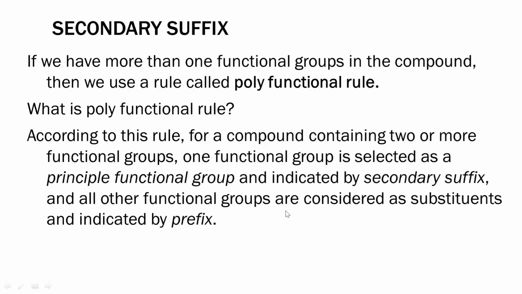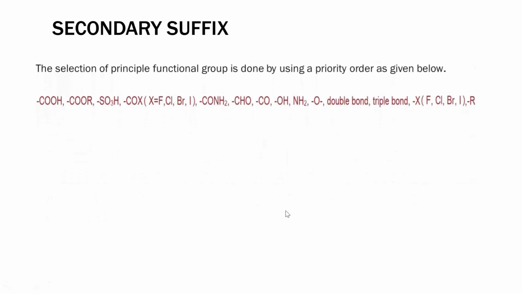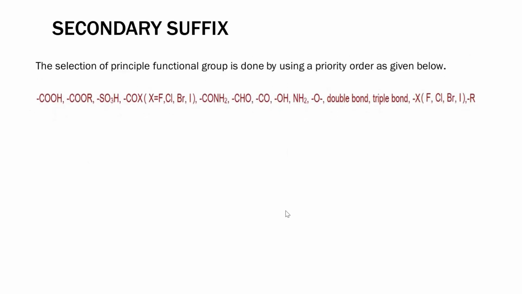Now, how can we select which functional group is considered as the principal functional group and indicated by secondary suffix? For that, we use a rule called priority order. According to this order, when we see a compound with a functional group that has the most priority, then we use that functional group as a secondary suffix.